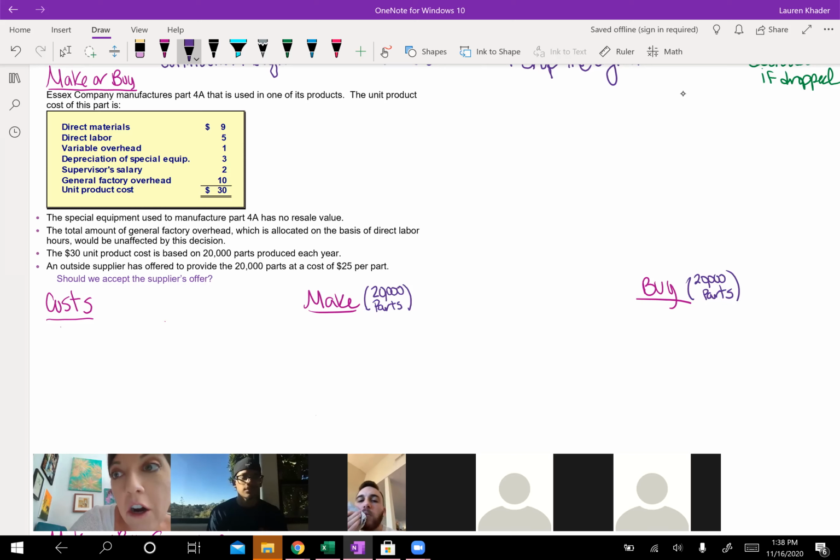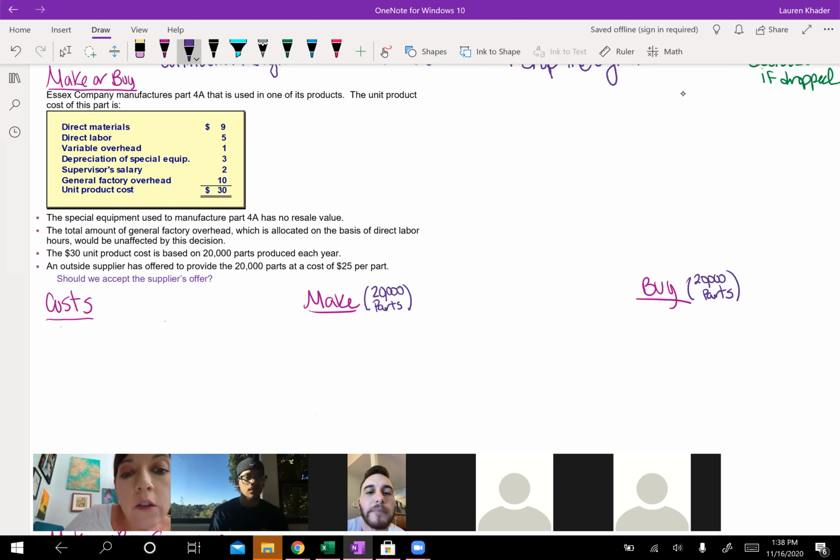Some of these costs are irrelevant to the decision. They're unavoidable costs or they're sunk costs. So we need to go through and figure out whether or not these costs are relevant to the decision at hand. So what costs are relevant, what costs are not relevant.